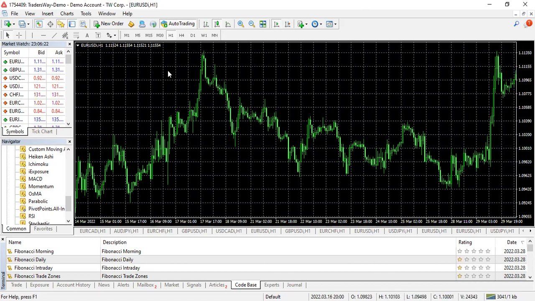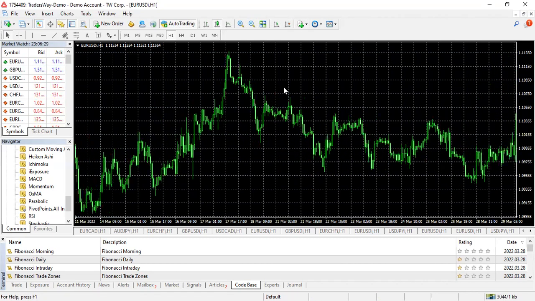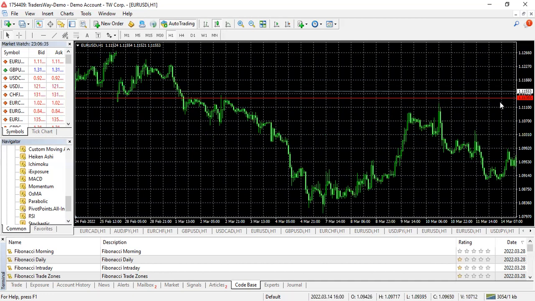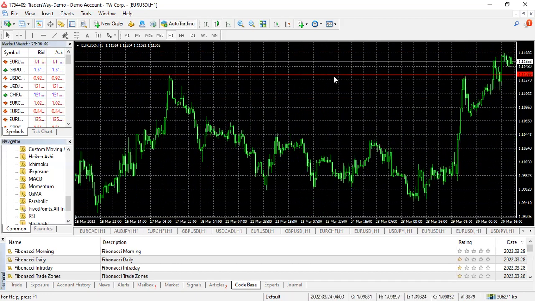Before I know the potential support level of this, I will have to scroll back, draw my horizontal line here, then scroll down, and then this is another point here. Pivot points will help us without you trying to figure out where we have a support level or a resistance level. So we can use pivot points to identify that.